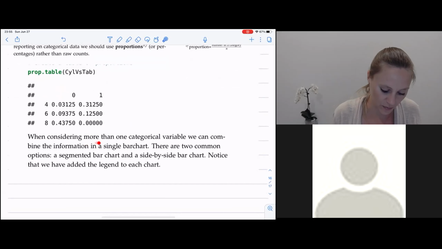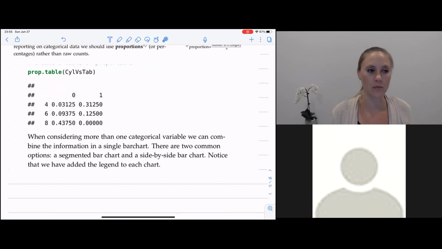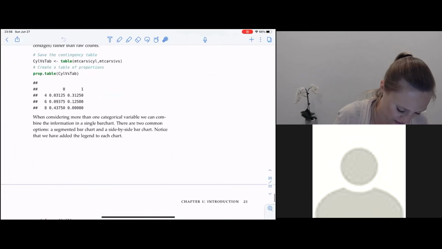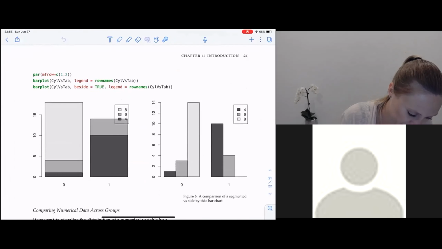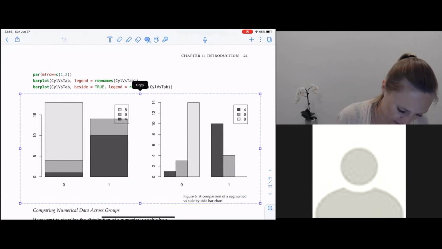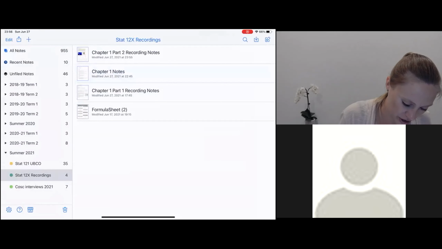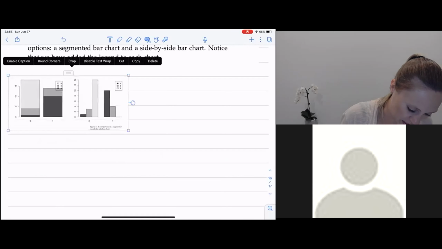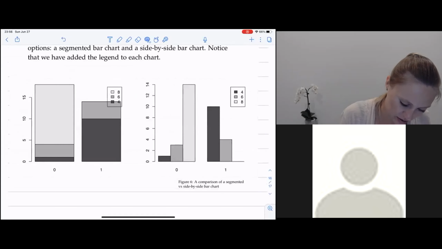So when we're considering more than one categorical variable, we can combine information in a single bar chart. So there are kind of 2 common options. We could do a segmented bar chart, and I'm pretty sure I have an example here. You can do a segmented bar chart or a side-by-side bar chart.